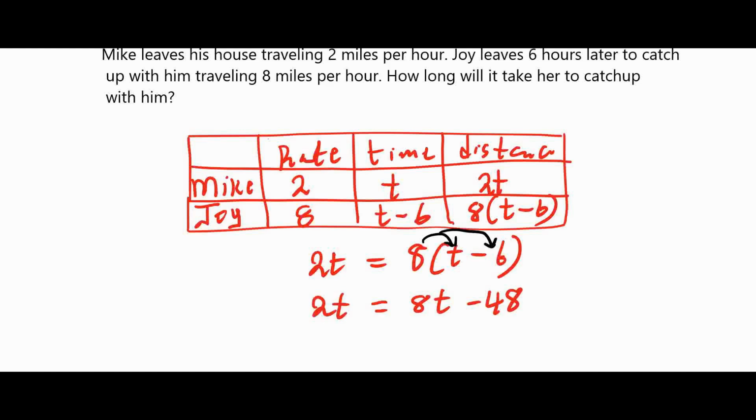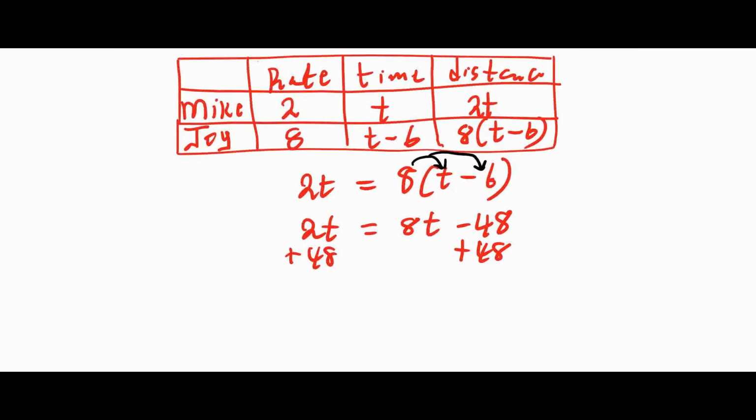So we can add 48 to both sides, and negative 48 plus 48 is 0, so we can simply cancel this from here, and now we have 2T plus 48 equals 8T.